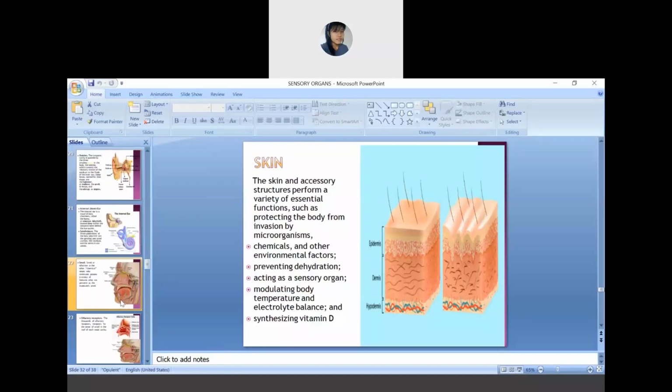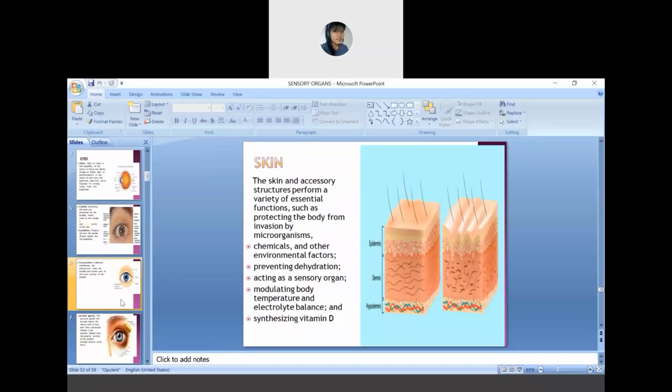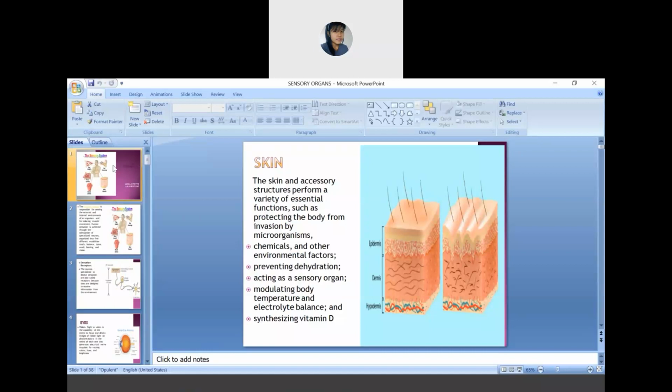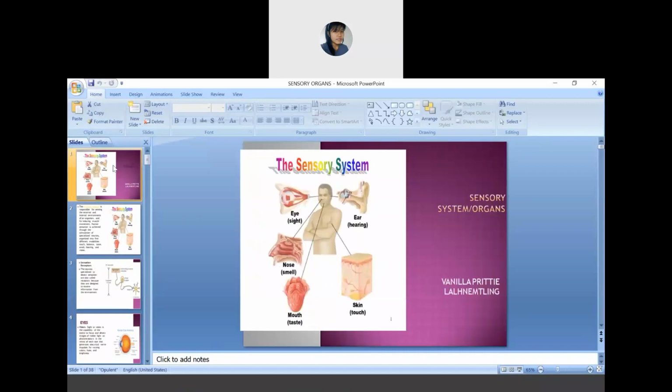Okay, so that was about it. We have discussed the eyes, the nose, the mouth, that is the tongue, the ear, and also the skin. Is it clear, everyone? If I ask you, will you be able to answer? Any question from this topic?